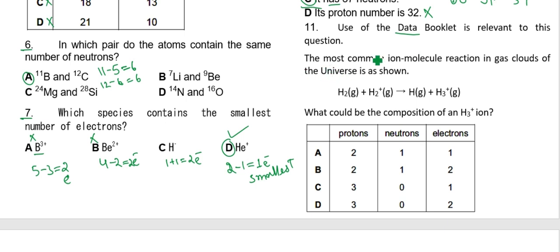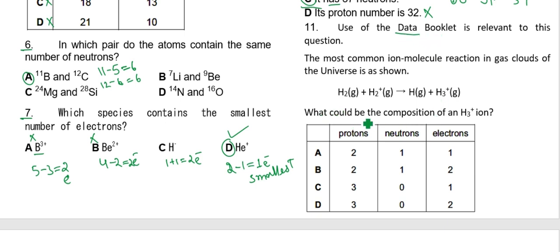But from 2022 afterwards, you are provided the relevant data along with the question, so no need to worry about that. Whenever you find the data booklet in your questions during your practice, just remember it's talking about the periodic table or some ionization energy data which you have to use. So here we are going to use the periodic table only.